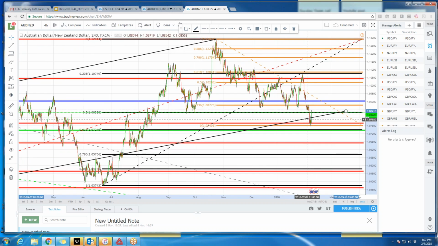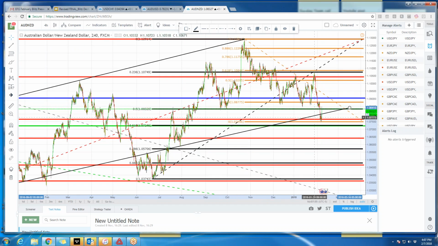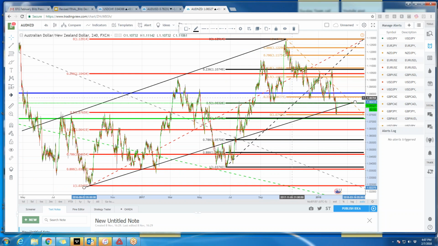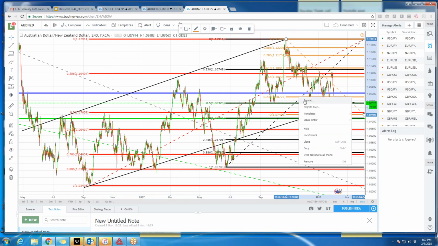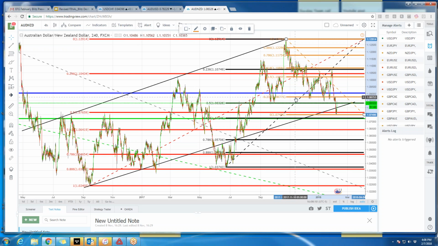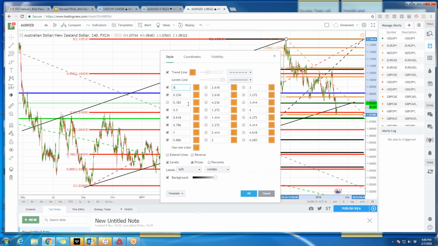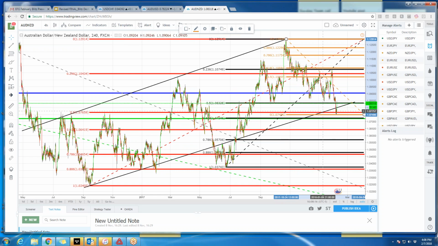All right. Don't forget, you can go through here and clean this stuff up. So I would remove this. Is there a quick button to remove a lot? No, that's not it. So I'll remove this 236. I don't need to see that.